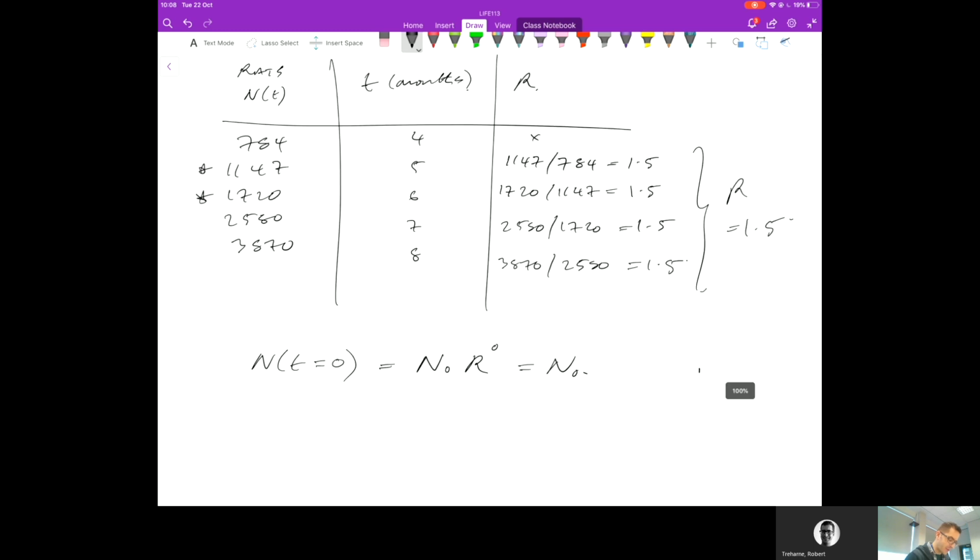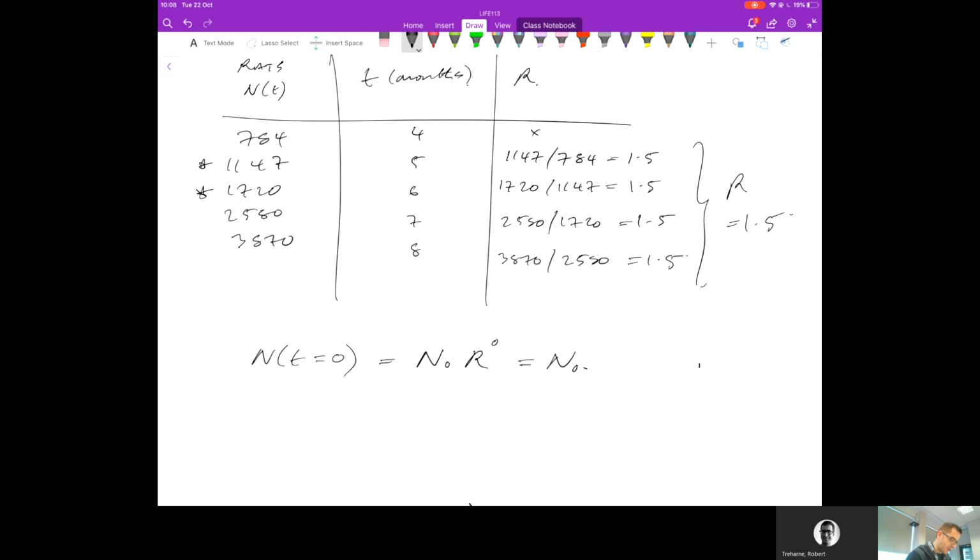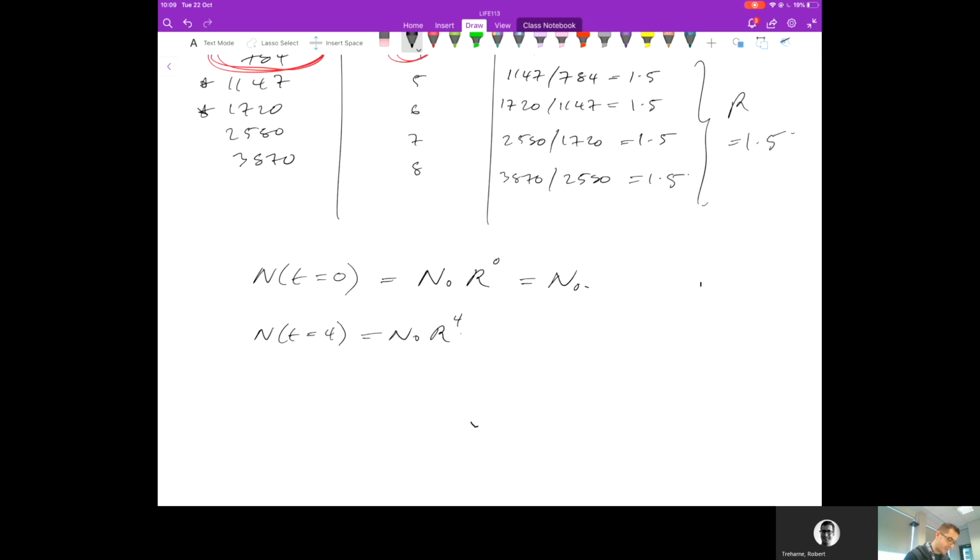Okay. So to do that, I can use any one of these values in this table. Let's just use the first value in the table, right? So I'm going to use the number of rats at t equals 4, 784. So N(4) is equal to N naught times R to the power 4. I can rearrange this to get N naught.